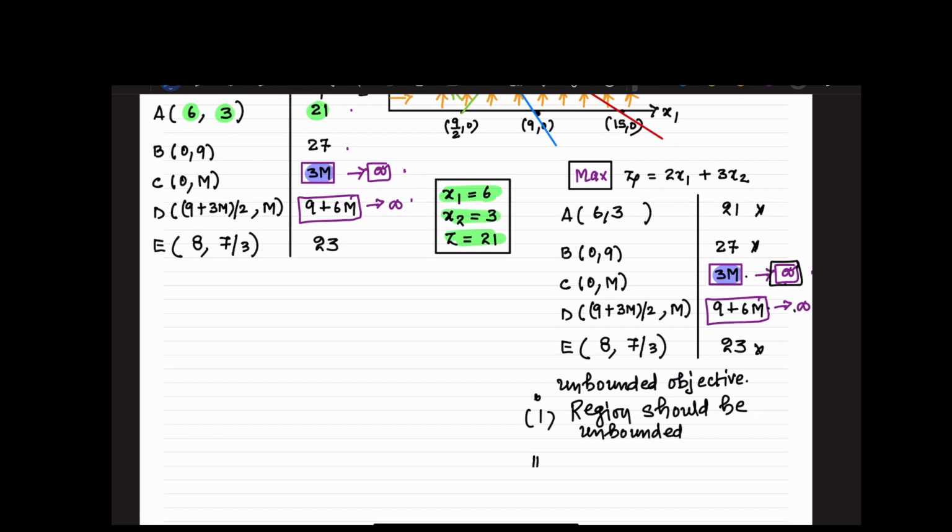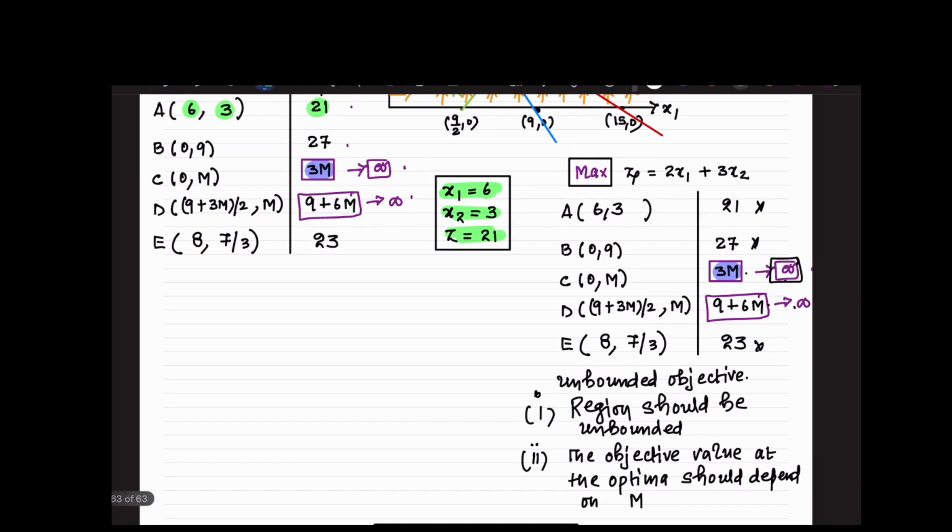The second is that the objective value at the optima should depend on m, that m you have chosen. Like in this case, the optima could have been 3m, because m is a very large number, infinity, but the value at the optima is depending on m. So this cannot be the optima and this problem is the problem of the unbounded objective.